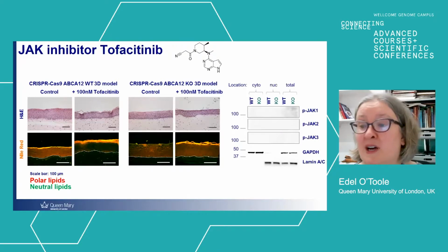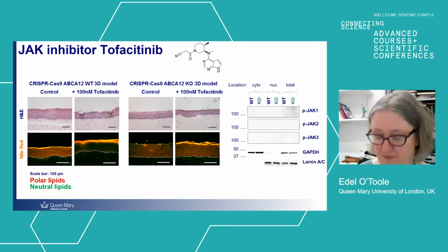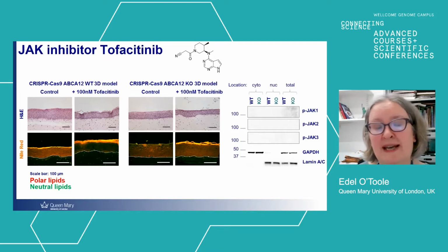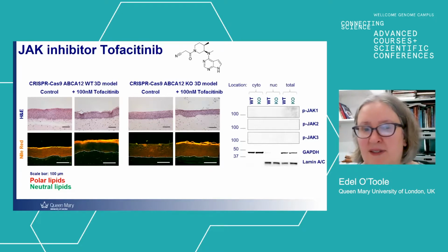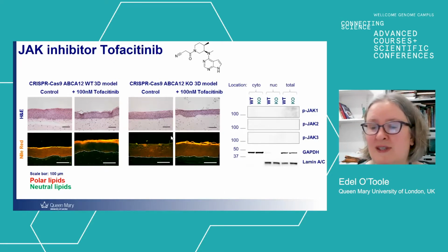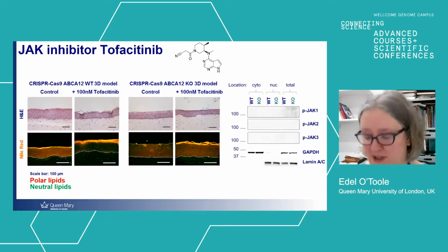We think this is an off-target effect because we could not detect phosphorylation of JAK1, JAK2, or JAK3 in Harlequin ichthyosis epidermis in the 3D model. It has been shown in both eczema and psoriasis that Tofacitinib increases expression of filaggrin, but I think increasing expression of filaggrin alone would not be enough to cause this improvement.